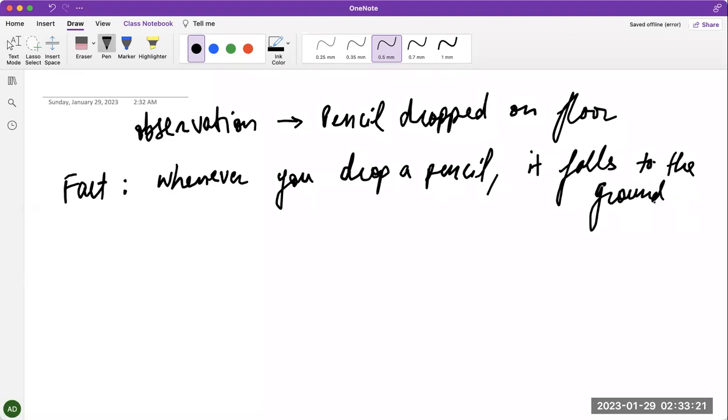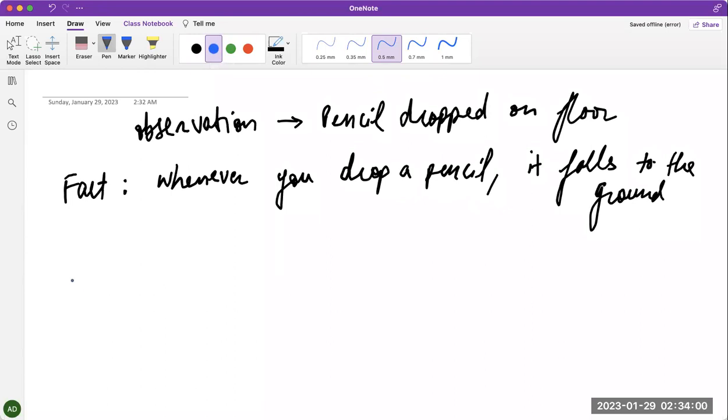But again, remember in the scientific method, or in the scientific community, in science, basically, you never say anything for 100%. There may be an infinitely small chance that if you drop a pencil, it might not actually fall on the ground. So it leaves that space for error every time. Now the next step is you ask yourself a question: why does the pencil actually drop or fall to the floor?